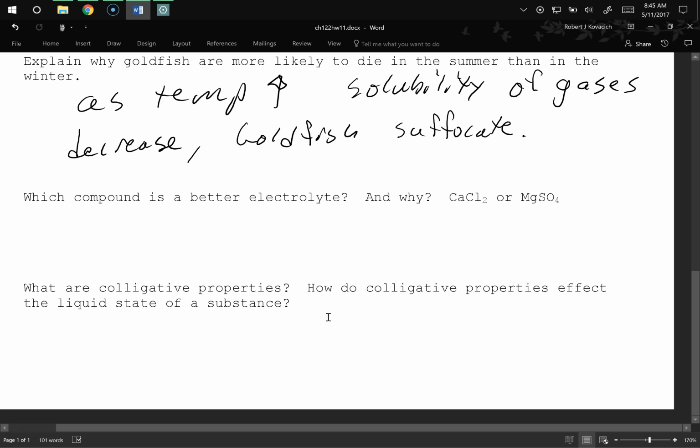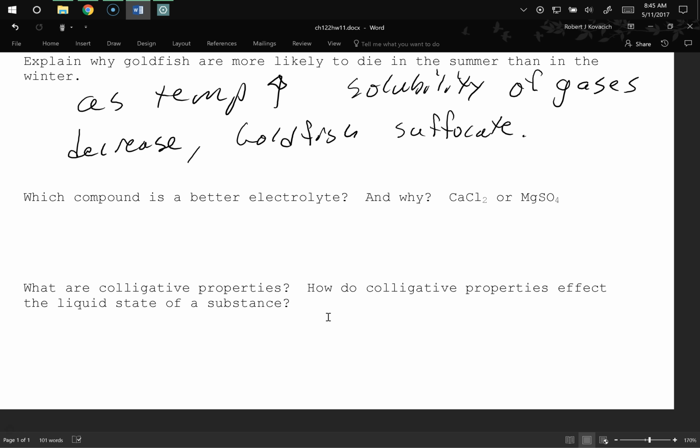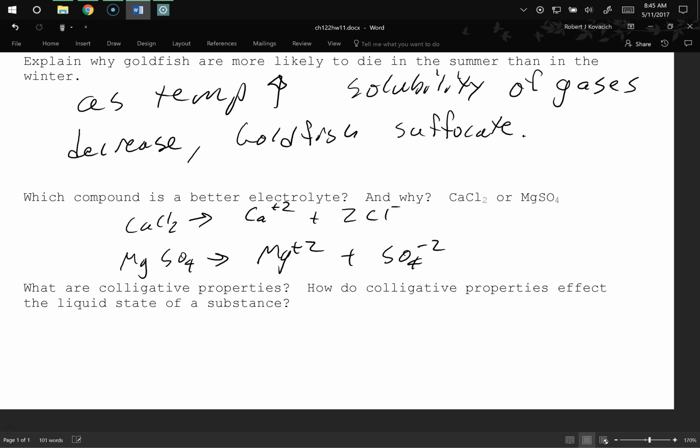Who's a better electrolyte? The first one? It is the first one. That is the full dissociation. No, I have a full dissociation. Both of these things are soluble. So this is going to turn into this stuff and two of those. This is going to turn into one of those and one of those. We haven't got to this part of the notes yet, but why would this be a better electrolyte?